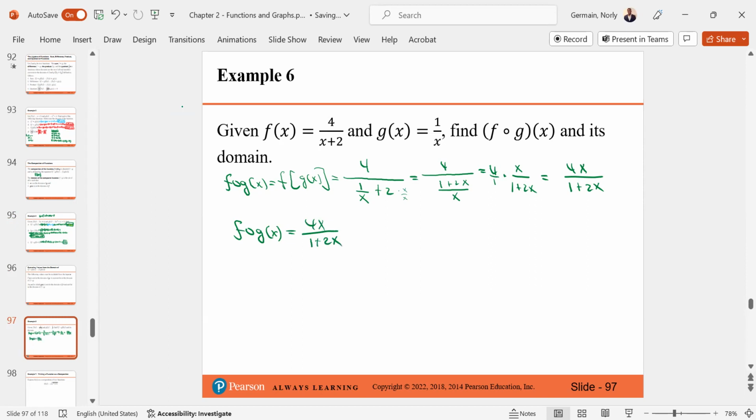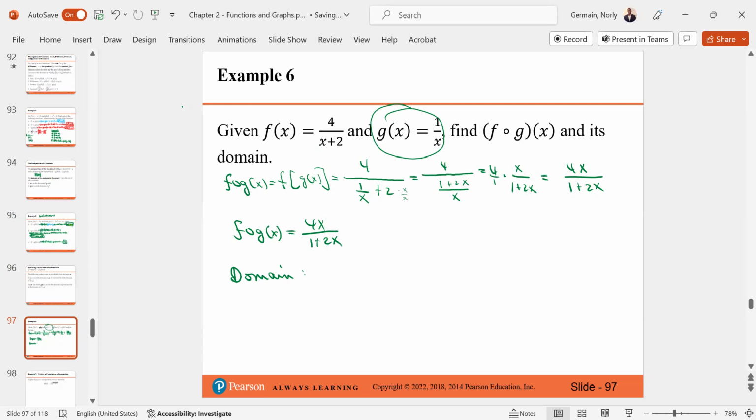Okay, so let's say these are the functions. Now, the goal: first of all, for g of x, we know x cannot be 0. This is g of x. For g of x, when we're looking for the domain, what we said is, if it's not defined for g of x, it cannot be defined for f of g of x either.